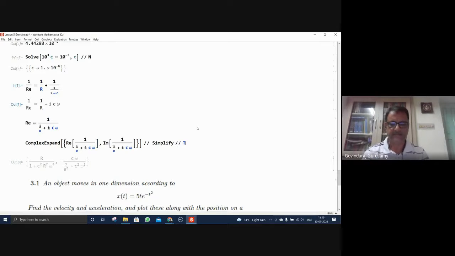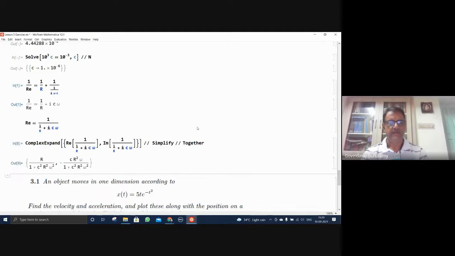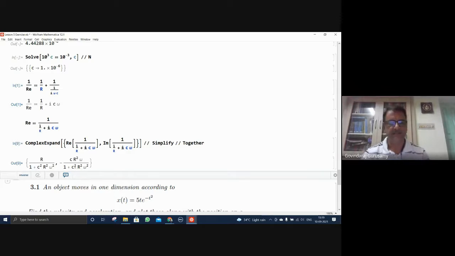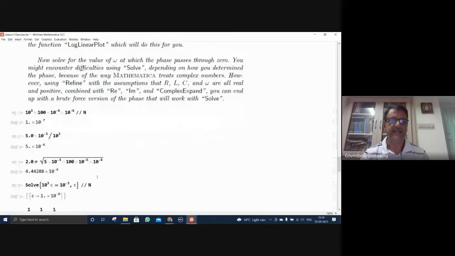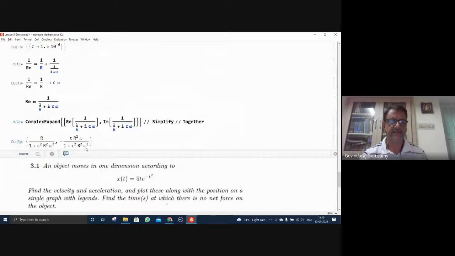Maybe we try together, and this is the result. I'm putting the whole thing together because I don't want to see this 1 by R separately. So now I have the real part and the imaginary part. This is what the result is. If I add 1 plus 1 by I omega L, inductance also has been considered.